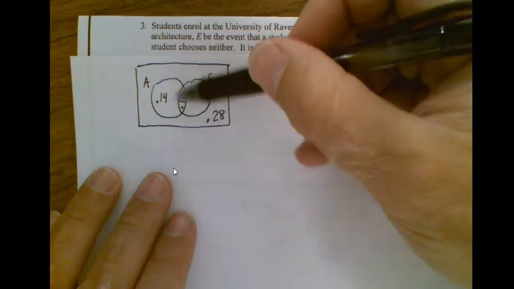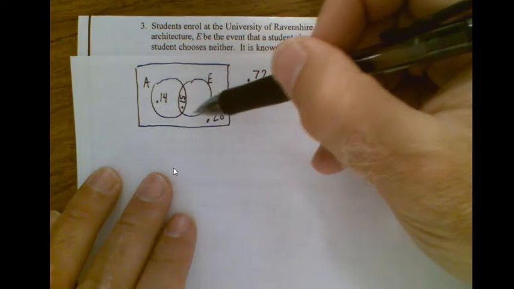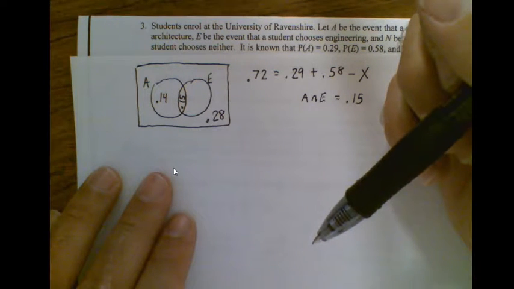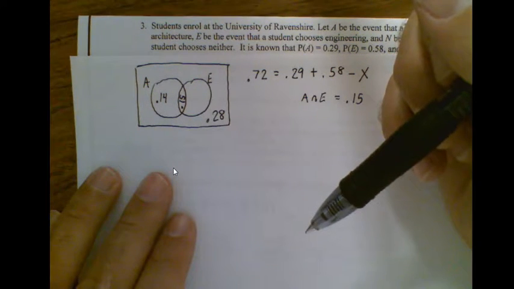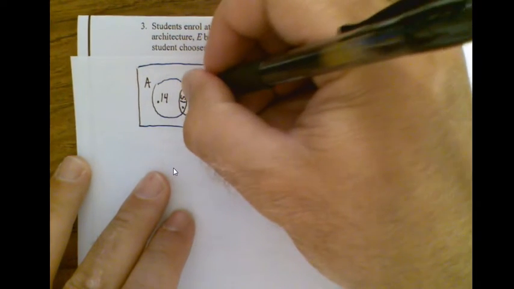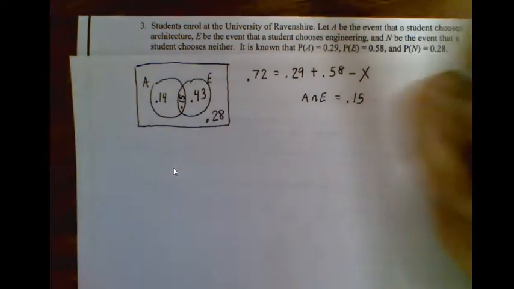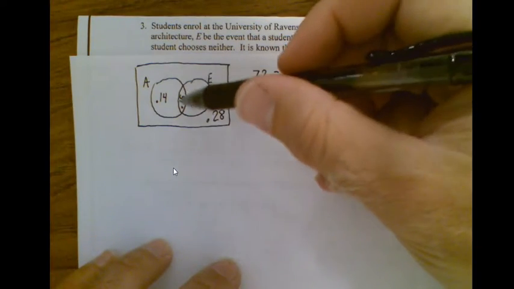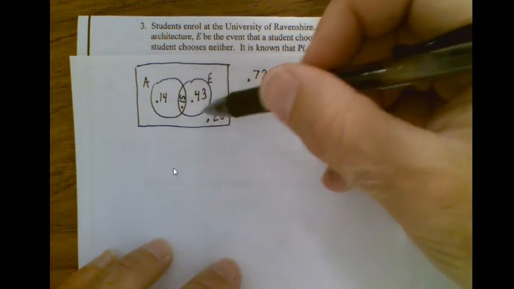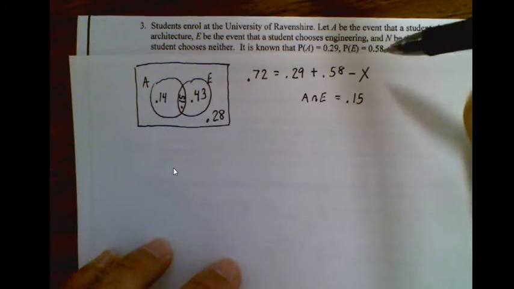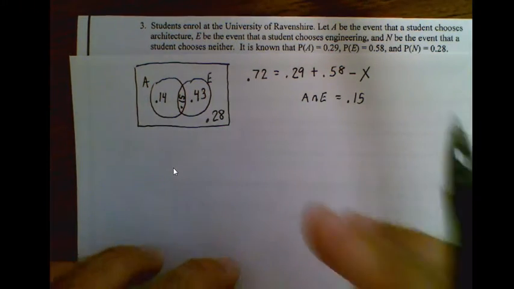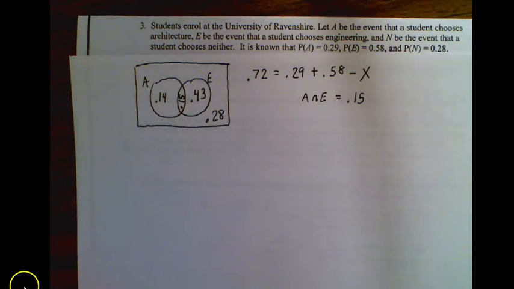Of the 58% that make up circle E, 15 of those 58 also do architecture. So the remaining 43, just subtracting, do engineering only. You can see that the total for engineering does make up 58% total, which is the information we're given right here. So now we have all the information broken down and separated out.